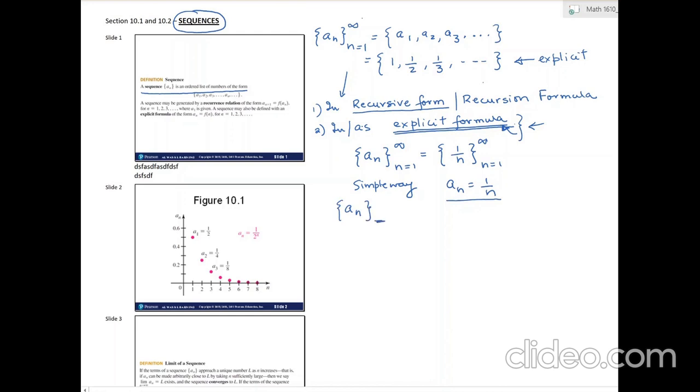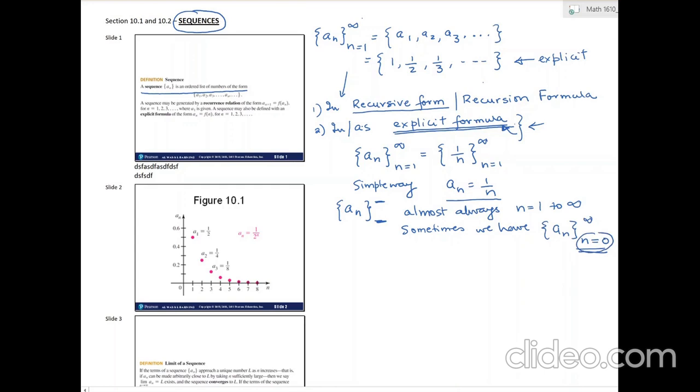For example, we need not write n going from 1 to infinity here, because it's almost always n is from 1 to infinity. Sometimes we have an where n starts from 0 to infinity, and at that time we would be very specific.